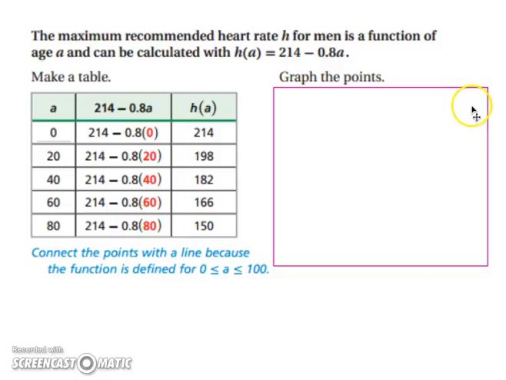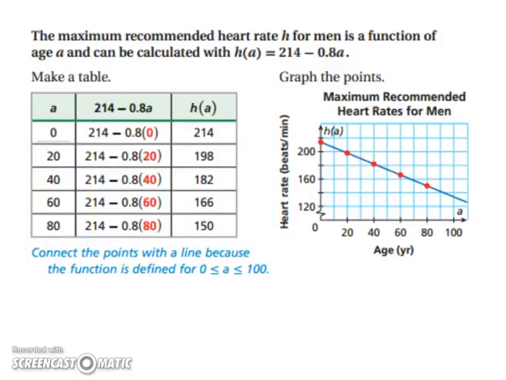So when we graph these points, we're going to connect these ones with a line. We connect the points with a line because the function is defined for 0 is less than or equal to A is less than or equal to 100. So when you're dealing with something where it's actually including those inner values, these were just examples.